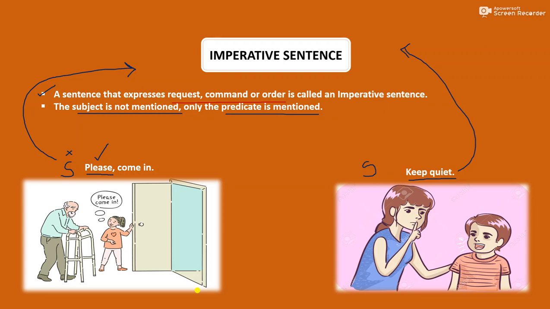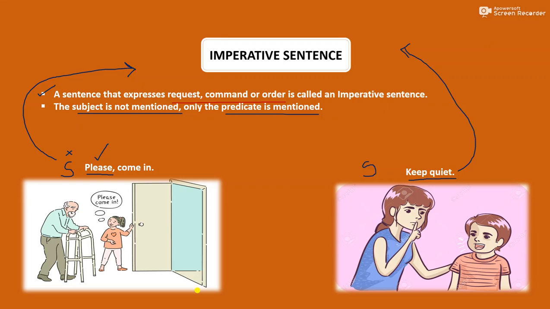Declarative sentences are sentences which state something that you have observed or which talk about a reality. Second was the interrogative sentence. Sentences where you ask a question are interrogative sentences. Third was the exclamatory sentence. Sentences which indicate a sudden emotion or a sudden feeling are exclamatory sentences.